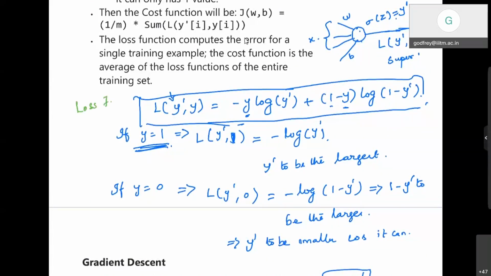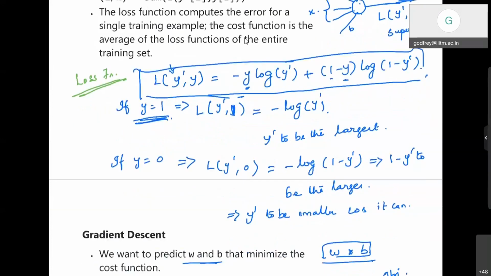So we have a loss function, and now what is our objective? Our objective is to minimize the loss function. So we want to minimize the loss function.